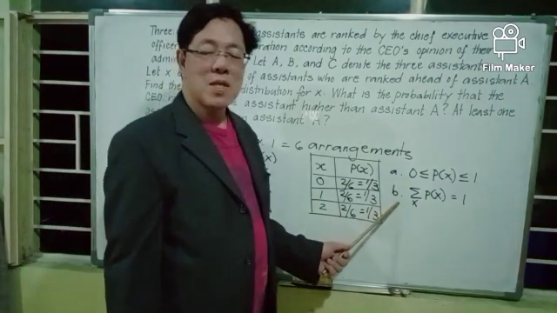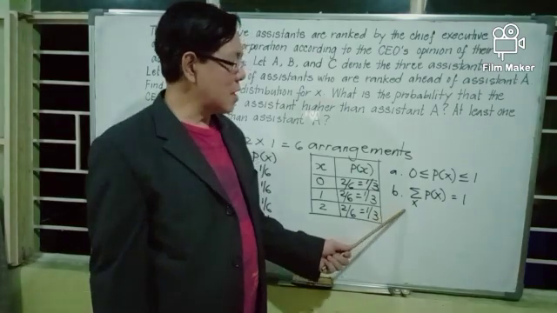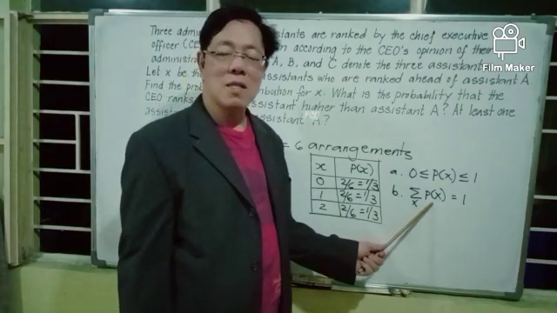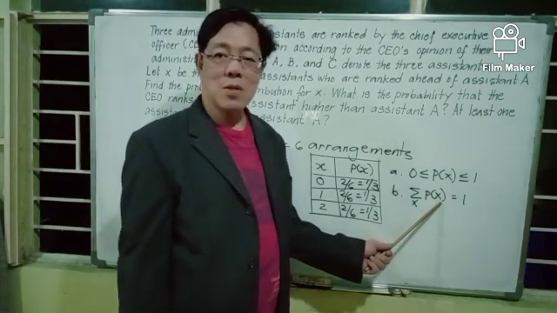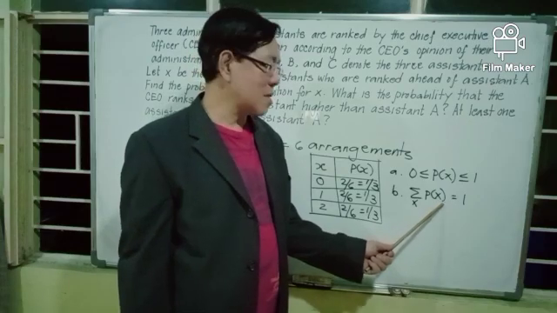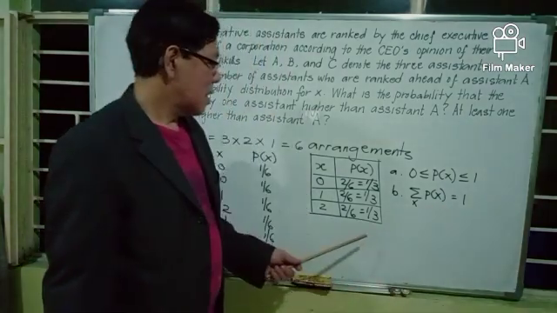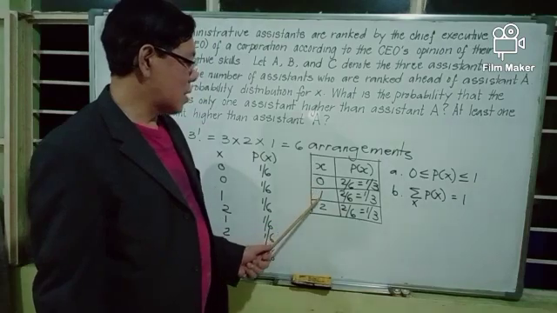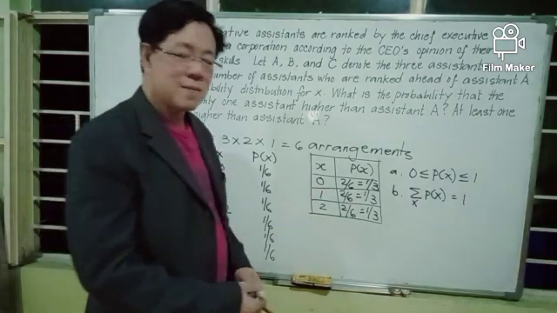The second property of probability distribution is that the summation of the probabilities corresponding to the values of the discrete random variable x is 1, where x here is 0 to 2. So we check.